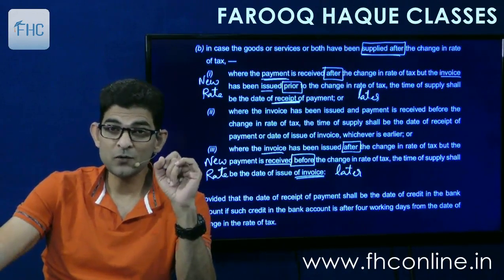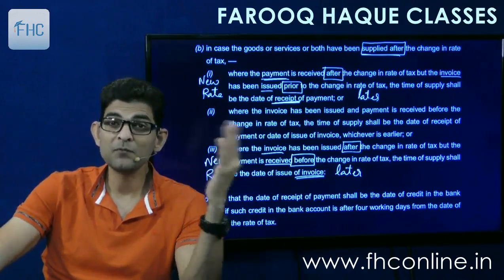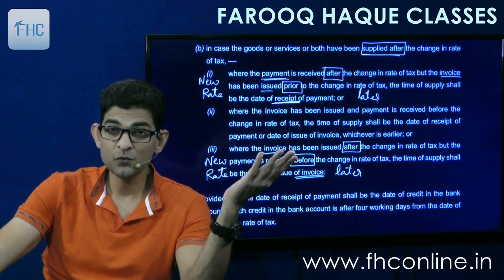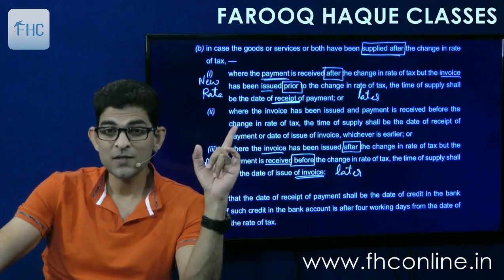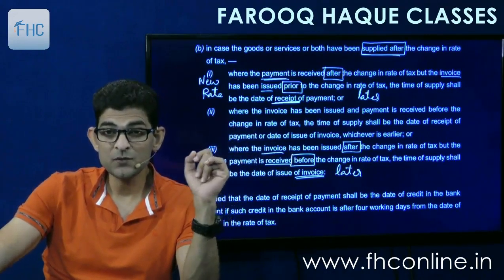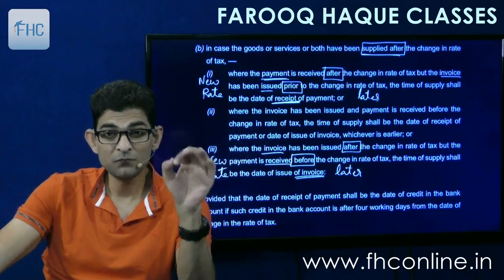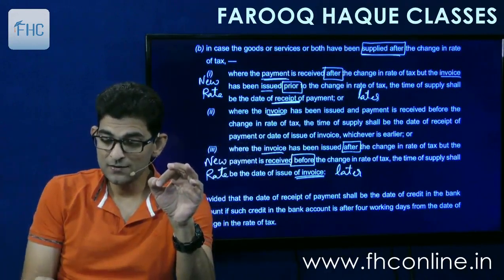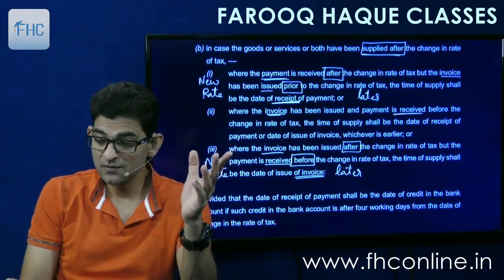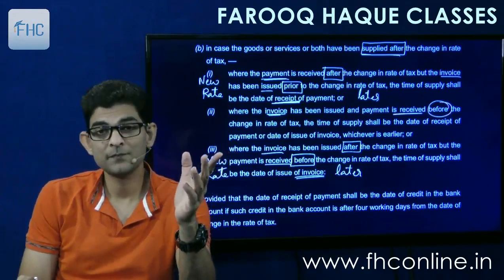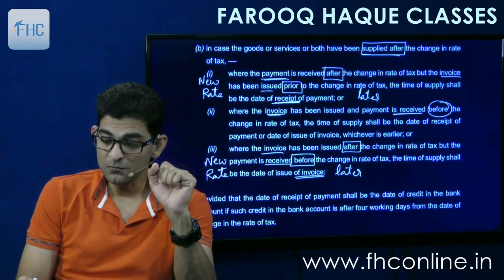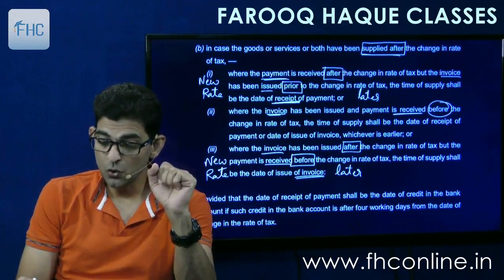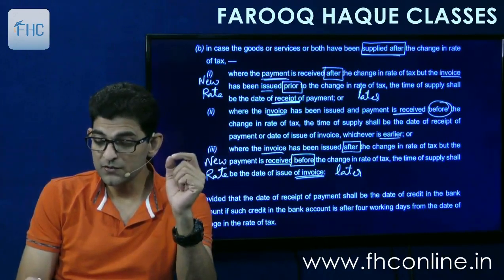So what will be clause 2 now? If both of them are before the change. That is given in clause 2. Where the invoice has been issued and the payment is received before the change. Means both of them, invoice and receipt, are before. Then the time of supply shall be the date of receipt or the invoice, whichever is earlier.